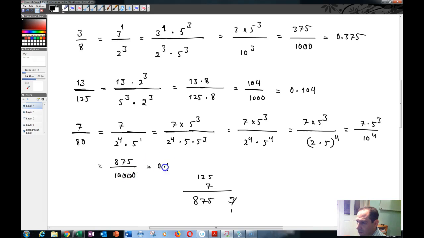So it's equal to 0.0875. And there you have a terminating decimal representation of this number 7 by 80.